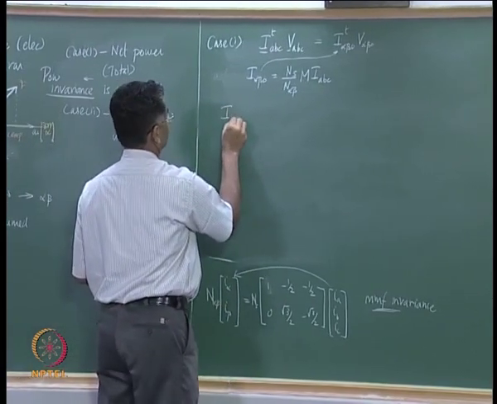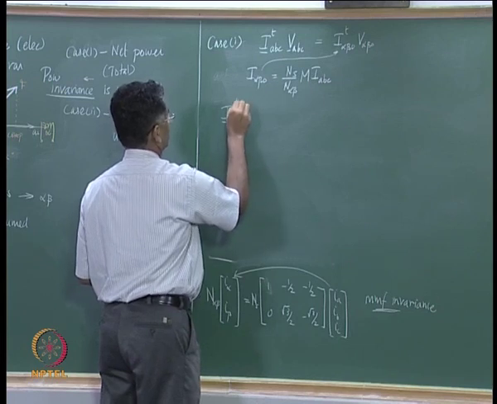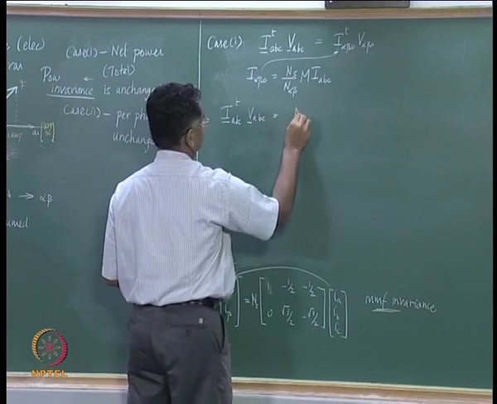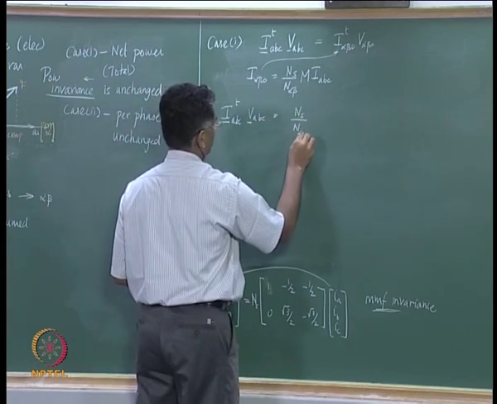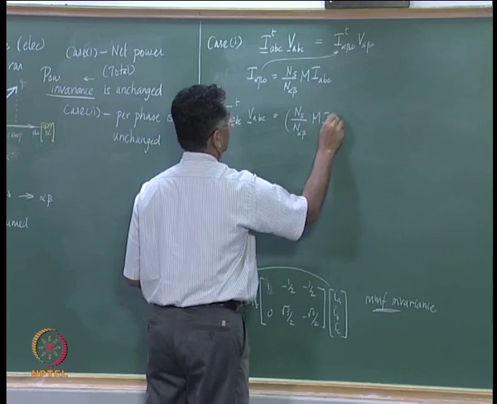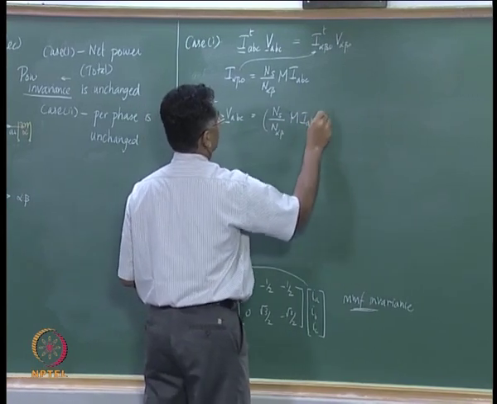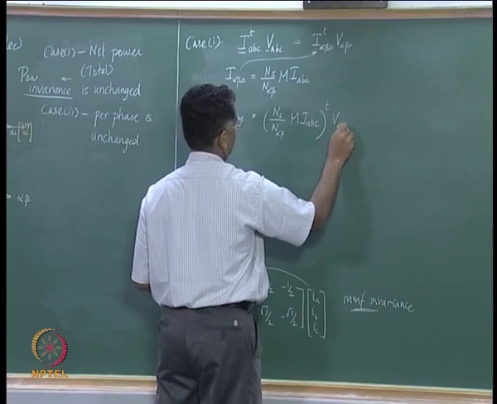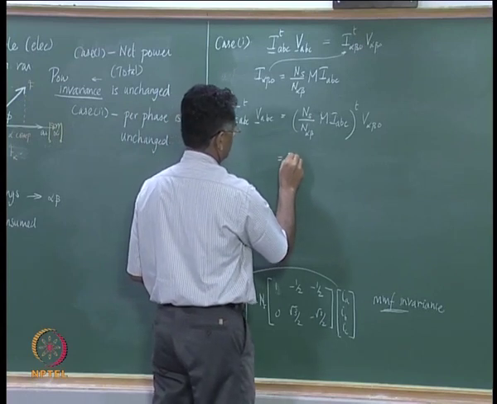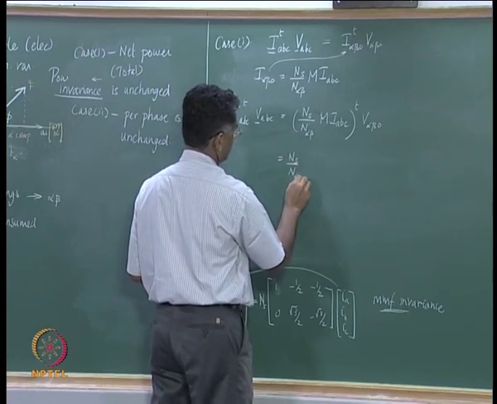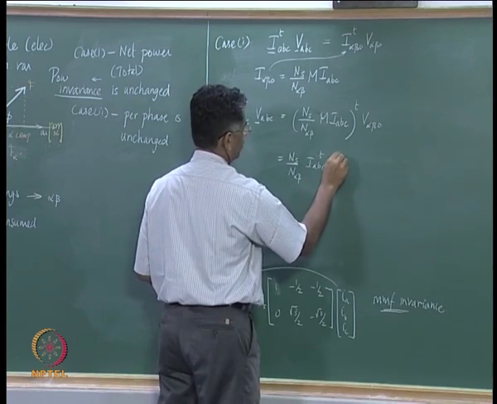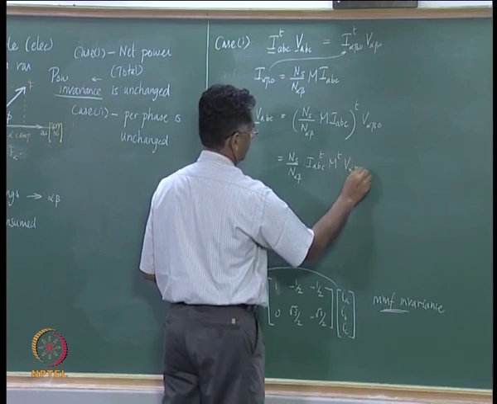So what you have is IABC transpose VABC equals ns by n alpha beta multiplied by M into IABC transpose V alpha beta 0, and this is nothing but ns by n alpha beta into IABC transpose M transpose V alpha beta 0.